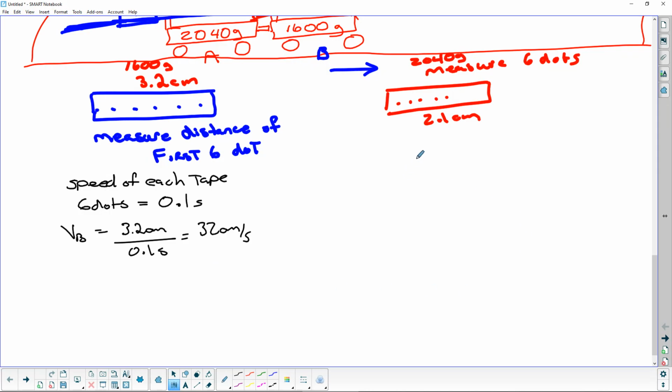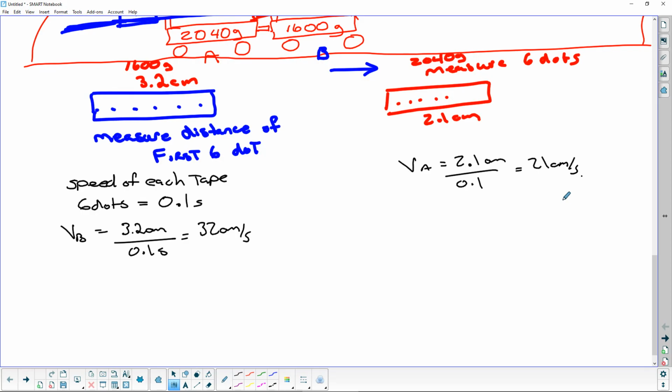Okay? And the velocity of A is going to be 2.1 centimeters divided by 0.1, 21 centimeters a second. Okay, so that's how you get the initial velocities in your trial.